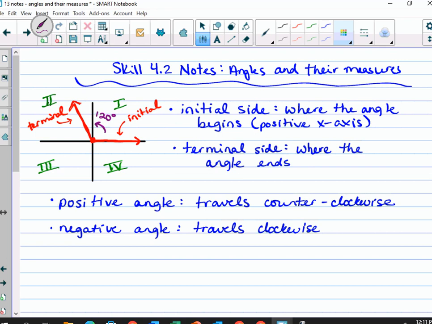If I start at the initial side and travel to the terminal side going in the clockwise direction, that's going to give me a negative angle. Anybody think they know how big that negative angle is? Negative 240, exactly. How many degrees are in a circle? 360. So we know we're going backwards there.